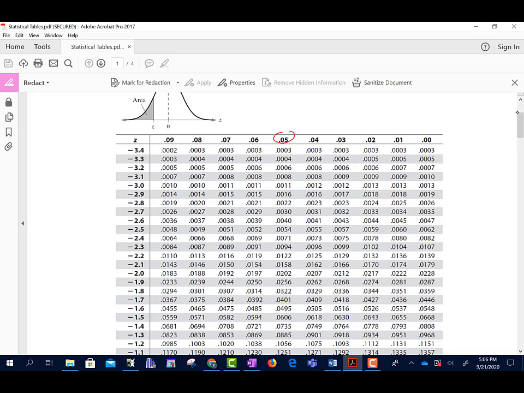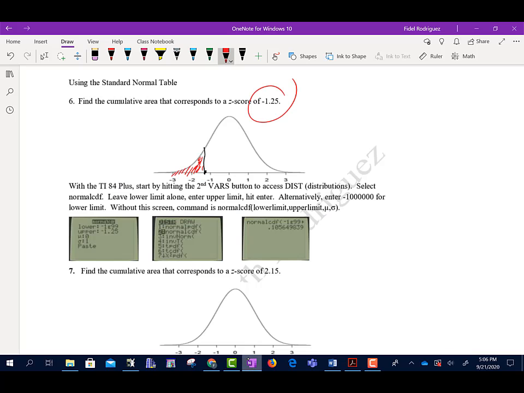So negative 1.2, and down here, these two right here, that would be negative 1.25. The number that I'm coming up with is 0.1056. So I would say the answer here is going to be 0.1056, right? And that's how I can do it using the table.